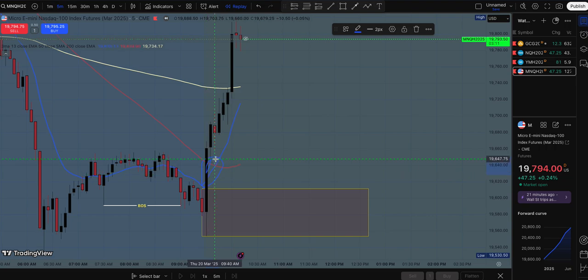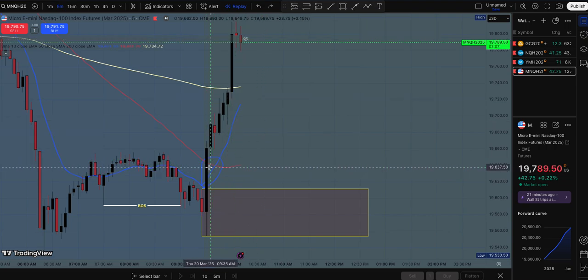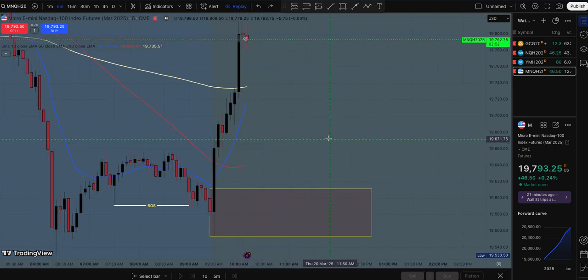So all are in here, so it's a gap, let's say, right? So we need price now to come in and mitigate the gap, tap the zone, and give our entry and take off, right? But I'll go into other details in other videos, right?